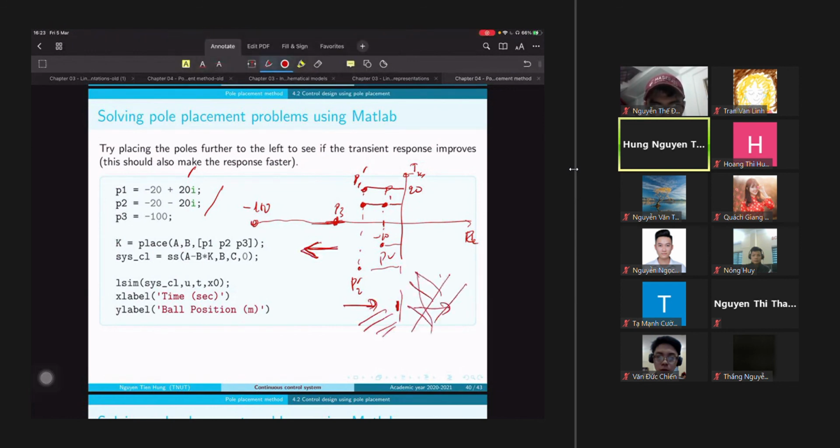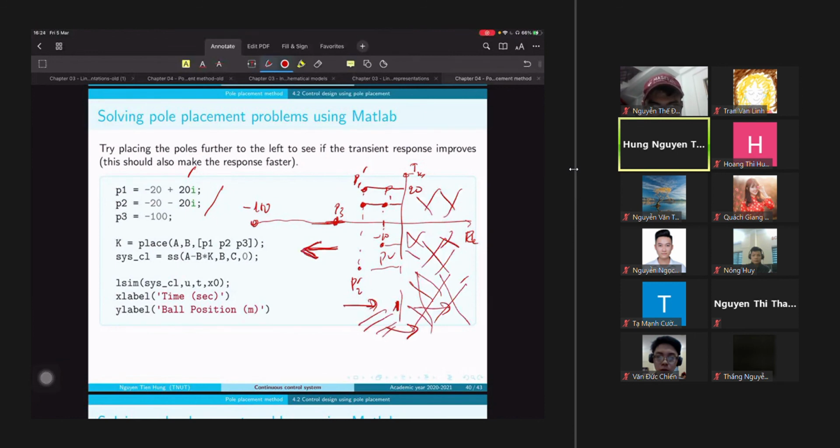We cannot put the pole here. Very close to the unstable region means we introduce more oscillation and the system is more sensitive. It will be very easy to fall into the unstable region. That is the reason why we try to move it to the left-hand side.